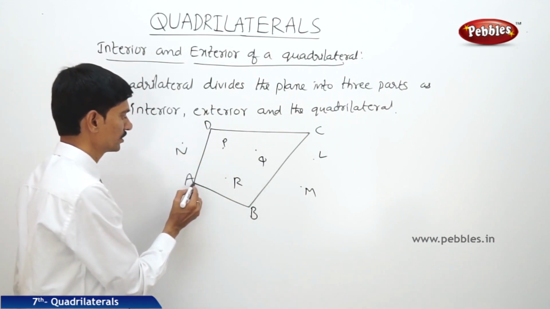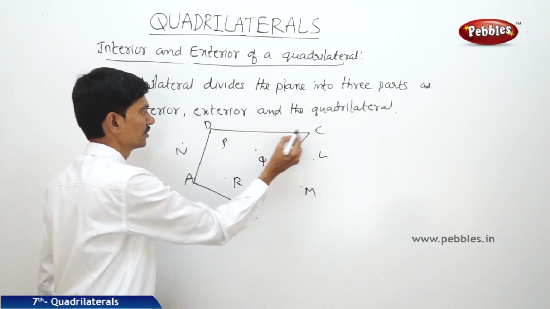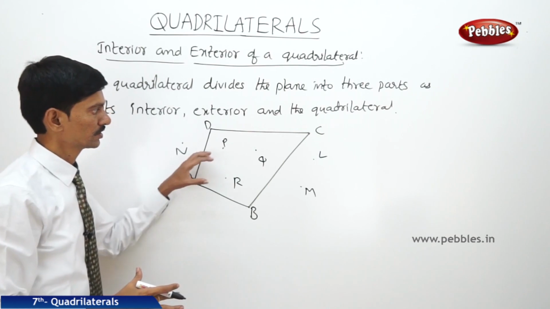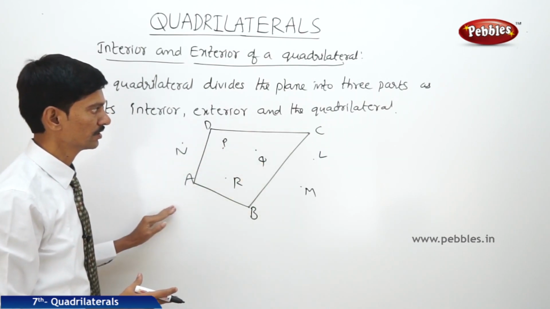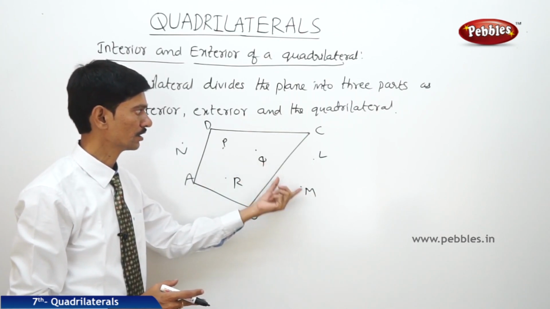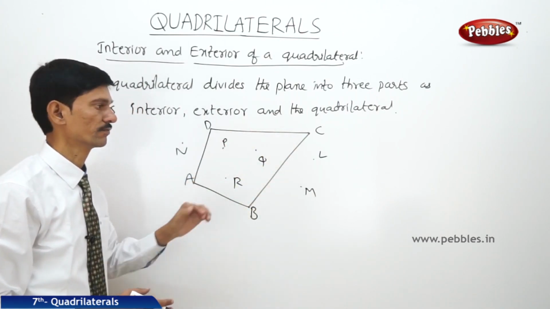And the vertices A, B, C, D lie on the quadrilateral. So this quadrilateral divides the plane into three parts: its interior, its exterior, and the quadrilateral itself.